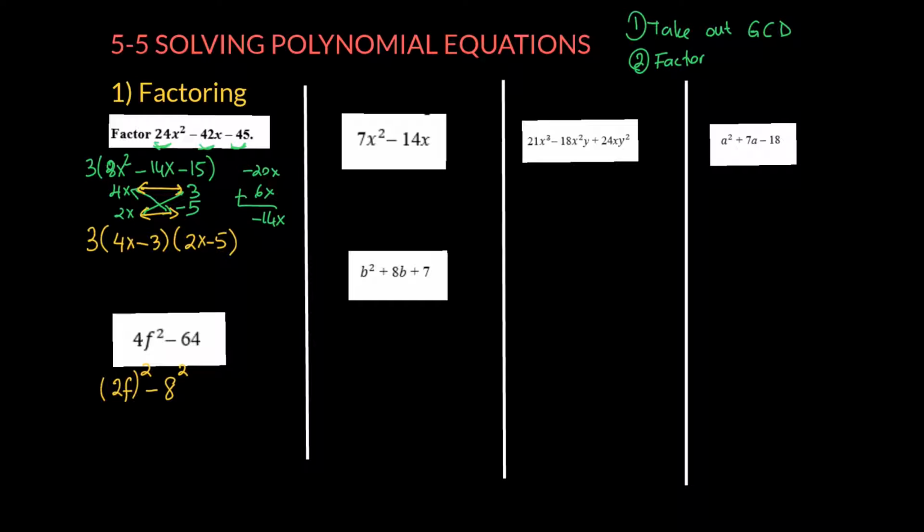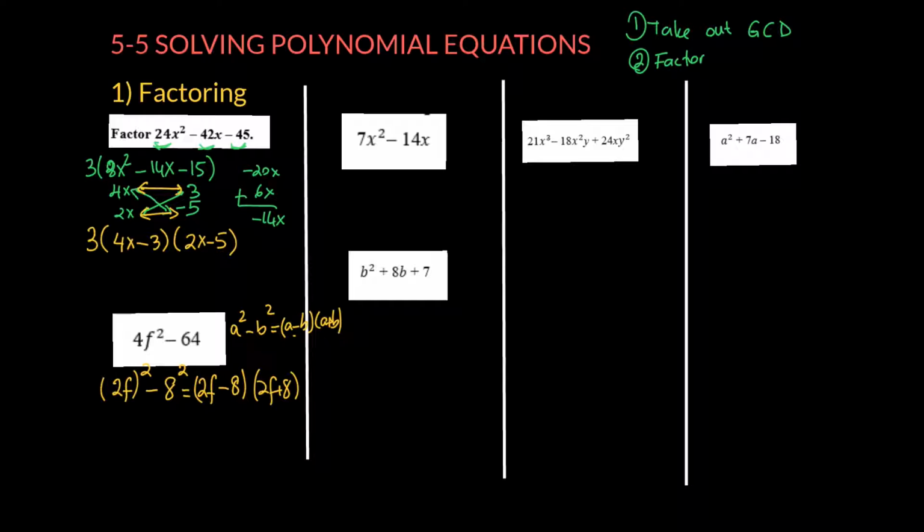Now if I write it in this form, if you still remember, a squared minus b squared is the same as a minus b times a plus b. So that means take the difference of the numbers and times it by the sum of the numbers. The first number is 2f, the second number is 8 in this case. Subtract them and then add them. That's it, we factored it out.